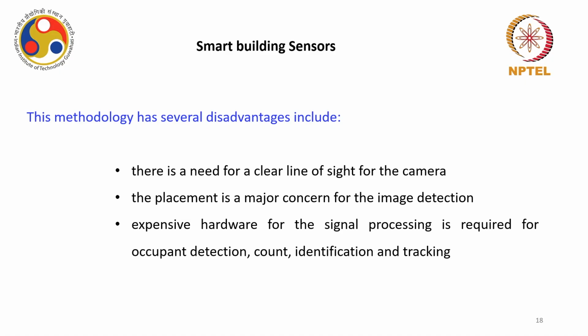So a line of sight for the camera is essential for monitoring the pattern of occupancy. The placement of these cameras is a major concern for image detection. For example, if there are 10 rooms and I have installed it in room number 1, where the occupant does not go regularly, you may have zero data.